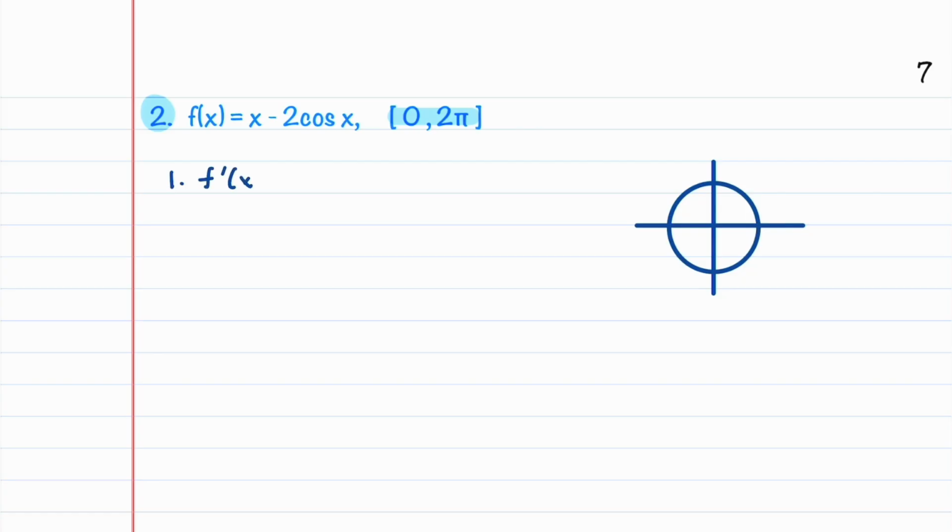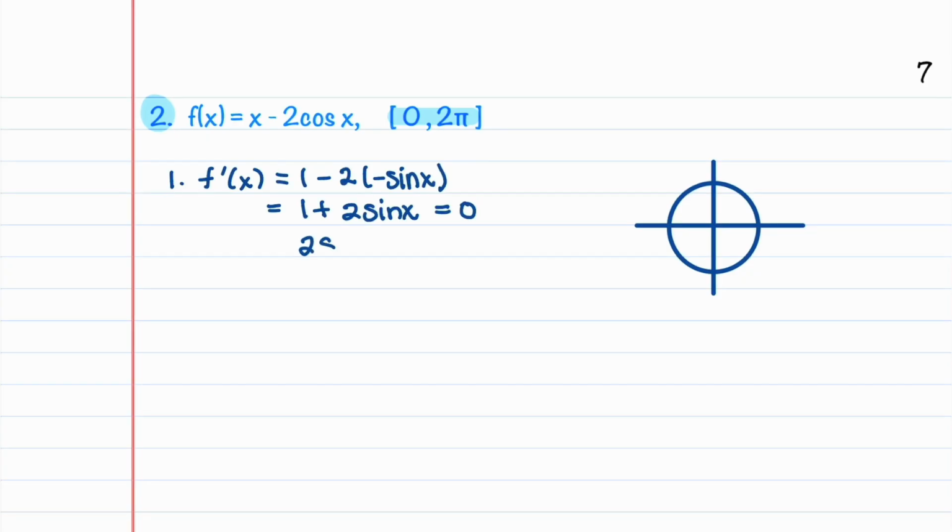f prime of x is 1 minus 2, and then the derivative of cosine is minus sine x. Let's rewrite this as 1 plus 2 sine x. And now to find the critical numbers, we're going to set that equal to 0.